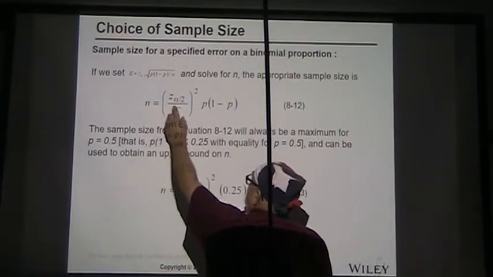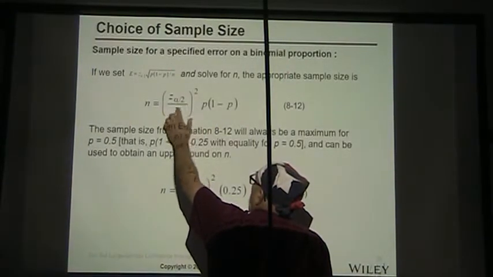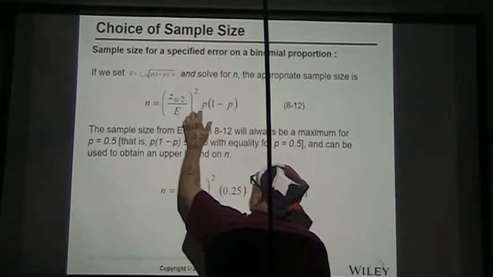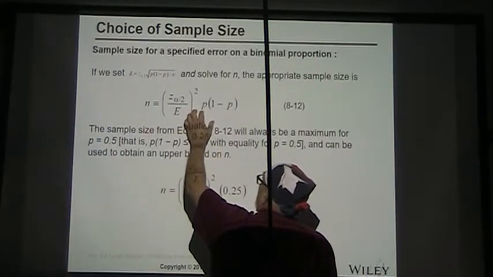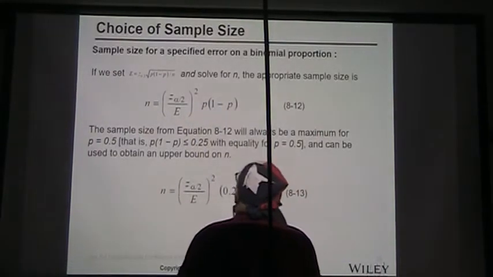N equals the quantity Z alpha divided by 2 divided by E, that quantity is squared, times P times the quantity 1 minus P.